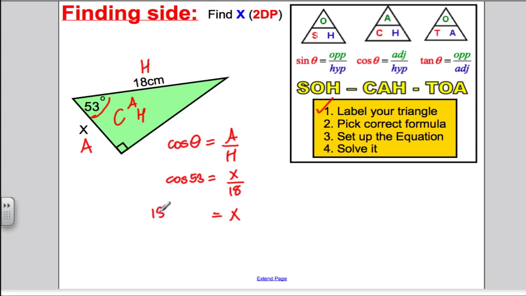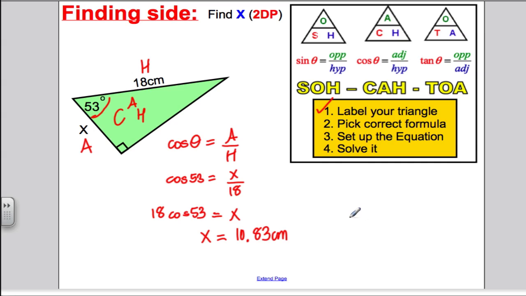The 18 ends up here. 18 cos 53 is x. And you just type that in your calculator. So you type 18 times cos 53, making sure your calculator is in degrees mode, you get 10.83 centimeters. Okay, and you're done.